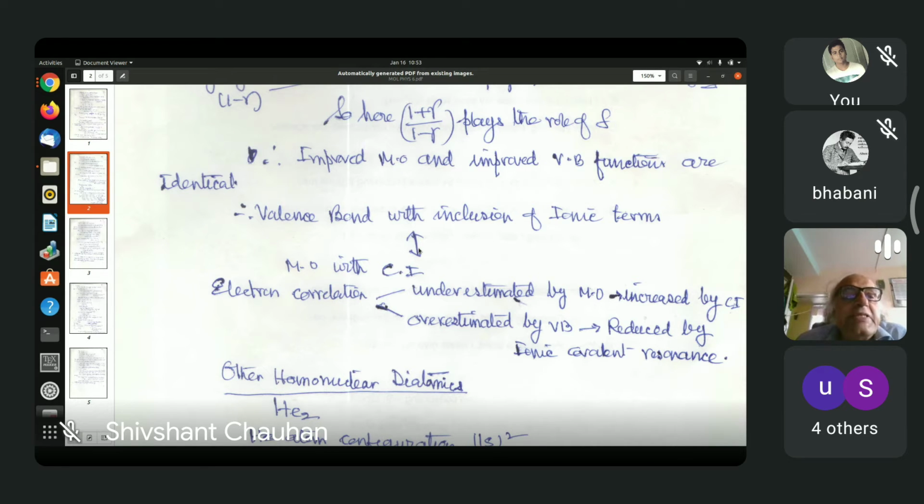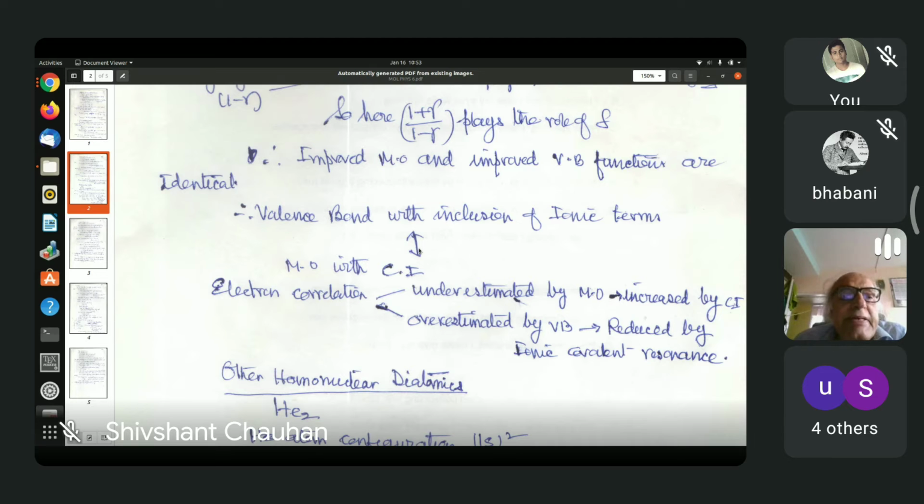So electron correlation, what is electron correlation? That is due to the repulsive force between electrons. If an electron is near nucleus 1, we can say that it is unlikely that the second electron will also be near nucleus 1. The second electron will tend to be closer towards nucleus 2. That is electron correlation.